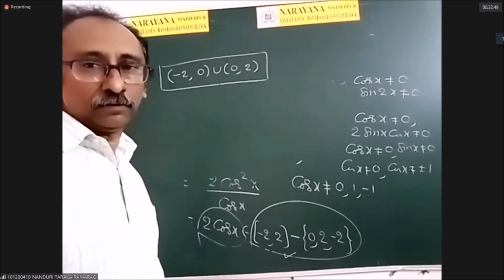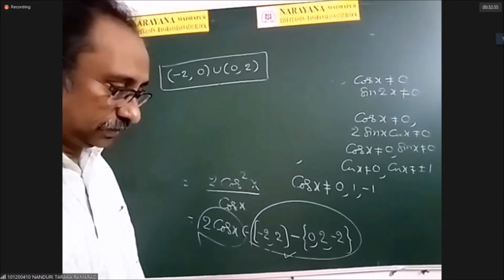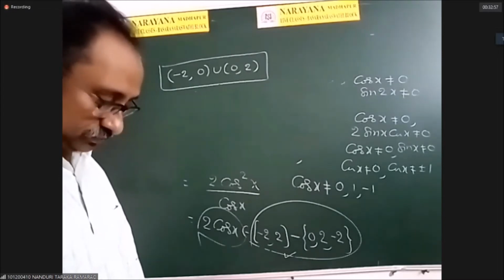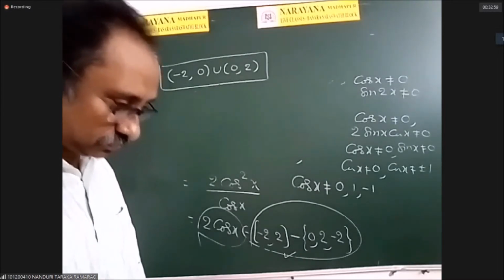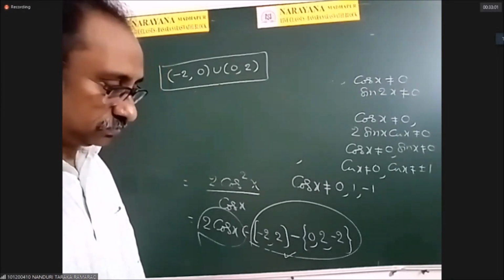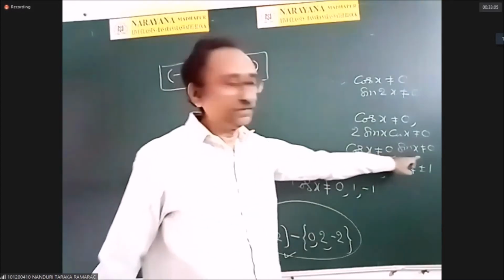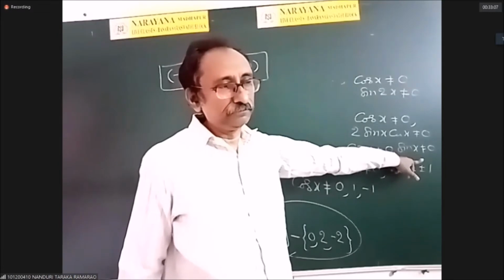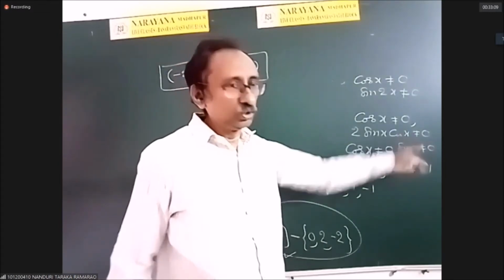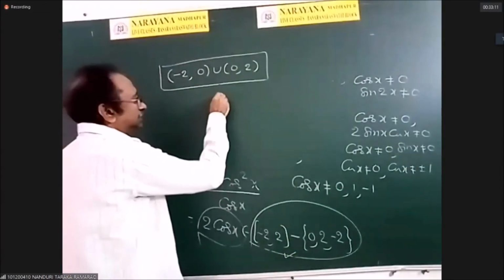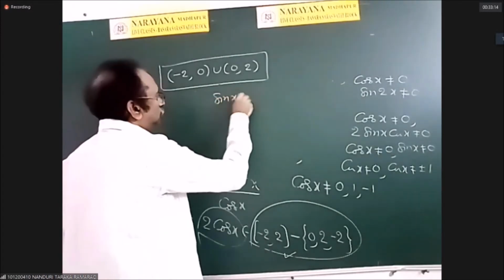Any more? David: Sir, good morning, sir. Good morning. Any doubt? Sir, can you explain once why cos x should not be equal to plus or minus 1? Since sin x is not equal to 0: suppose sin x is equal to 0.